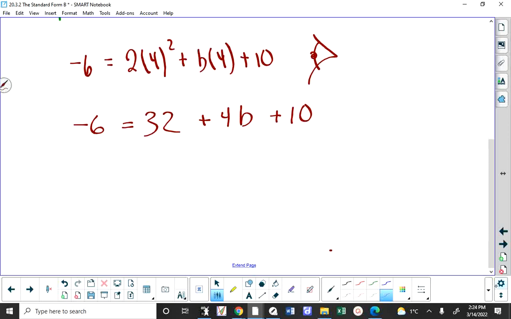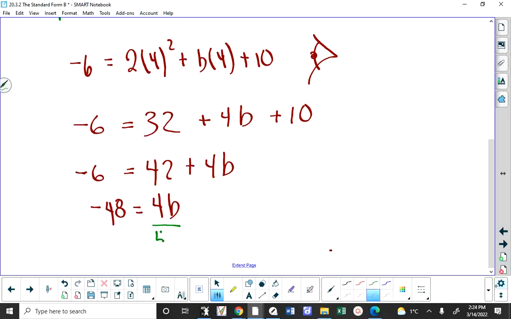I get negative 6 equals 42 plus 4b. So I can subtract 42 from both sides and get 4b equals negative 48. Divide both sides by 4 and get b equals negative 12.